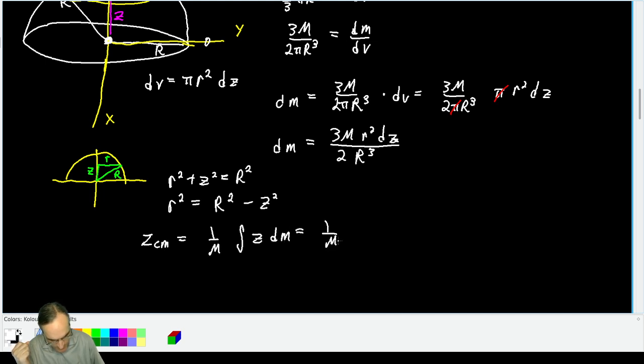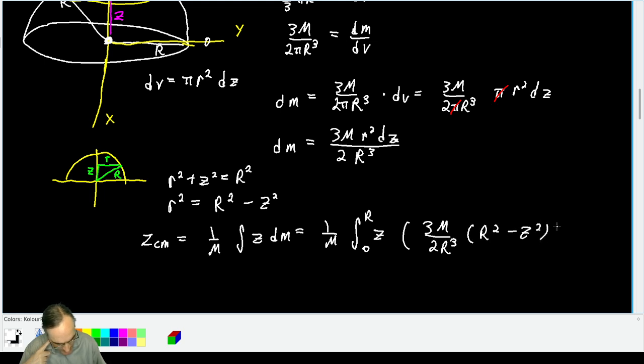So we're going to get 1 over M integral of z from 0 to big R of 3M over 2 big R cubed, then we have our r squared, which is big R squared minus z squared, and dz. Let's see, cancellation. Well, the M goes away. The only other thing that we can pull out is the 3 over 2 big R cubed.